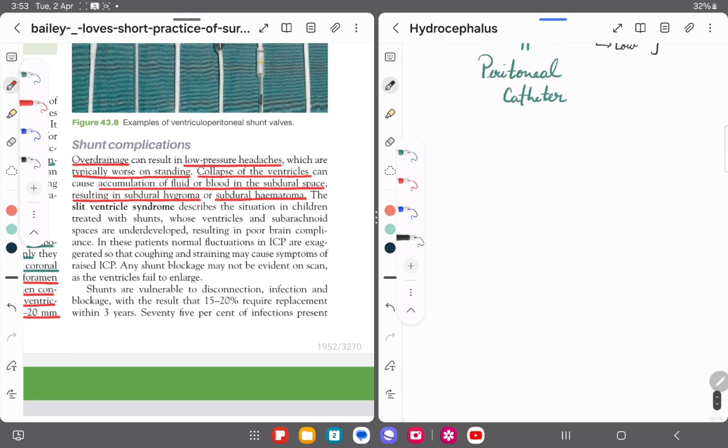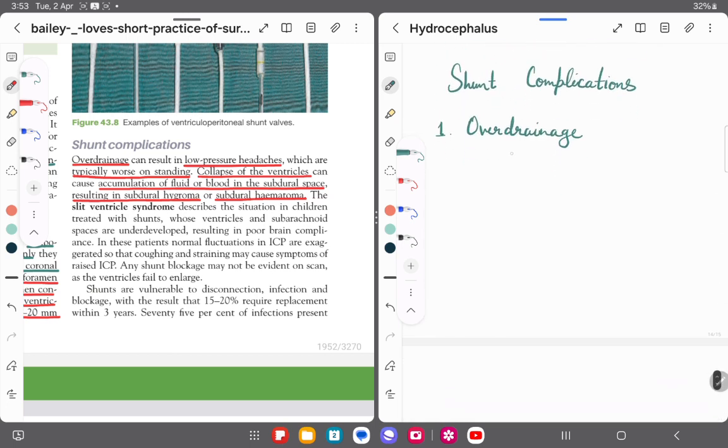So let us see the shunt complications. Number 1, overdrainage. Overdrainage, what does it do?